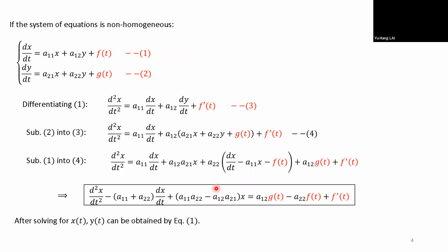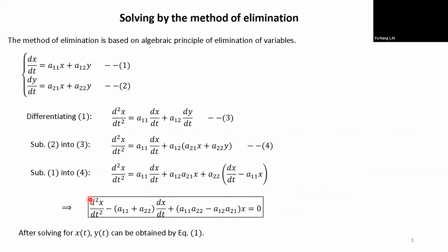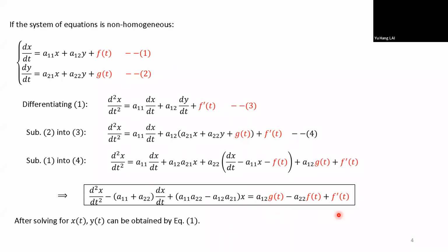Using the exact same procedure, with all these extra functions in t, you get a single second order ODE in x, but this time it is non-homogeneous. You can see that the left-hand side of this is exactly the same as the left-hand side of this. It's just that this is homogeneous and this is non-homogeneous. Then the same procedure follows: solve x first and then find y from equation 1.